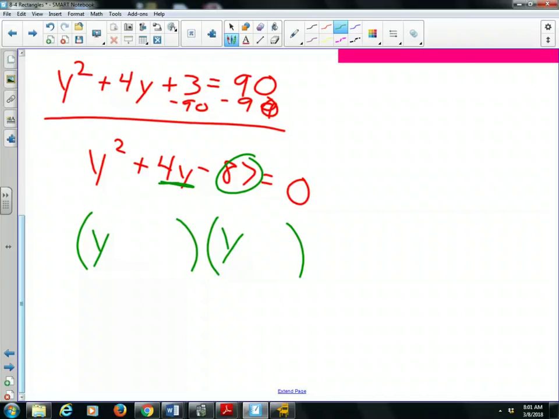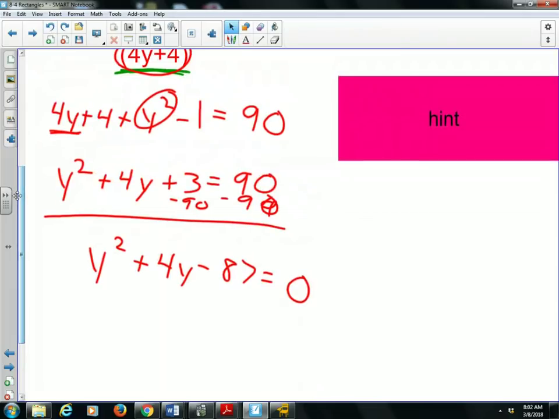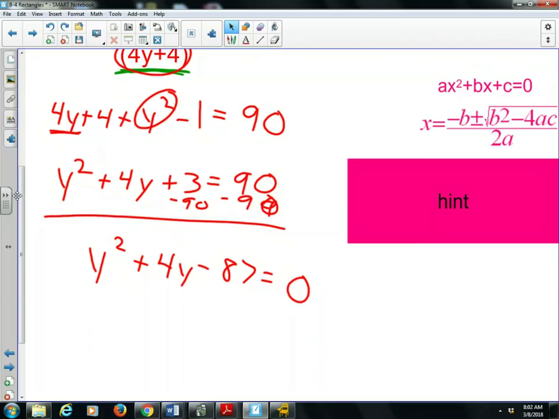Well, we could try to factor, but this one is just not factorable. So let's erase what I just wrote here. We cannot factor this one. So now your next go-to, if you can't factor something, is you should use the quadratic formula. That's another way that you could find x, or in our case, find y.